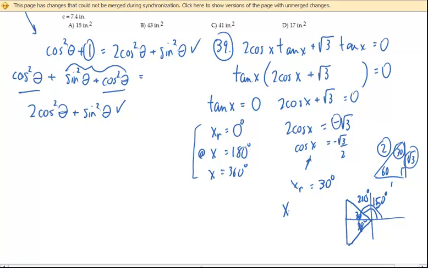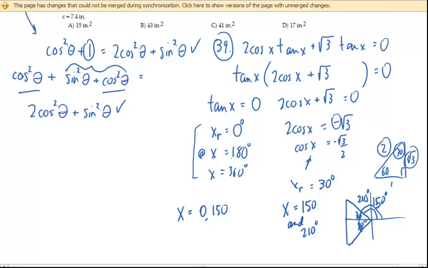So my two answers for that would be x is equal to 150 and 210 degrees.